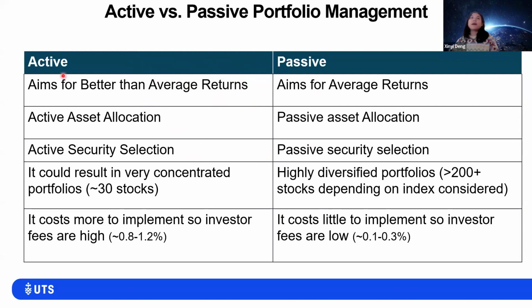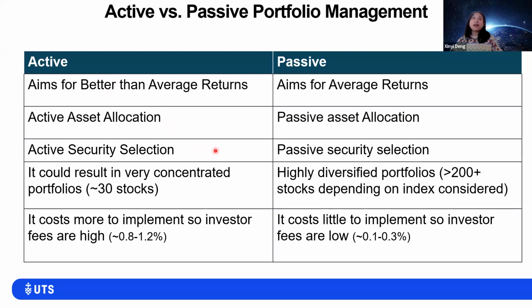So for the composition of the active portfolio, active portfolio managers are always looking for the outstanding asset classes, the outstanding individual securities, right? And we know that the amount of those outstanding assets and the amount of those outstanding securities are actually limited.